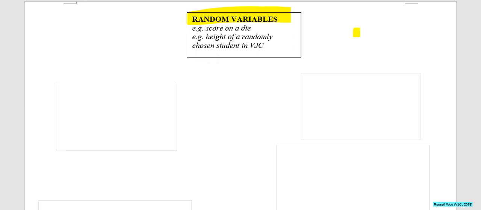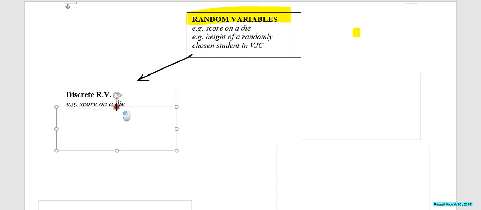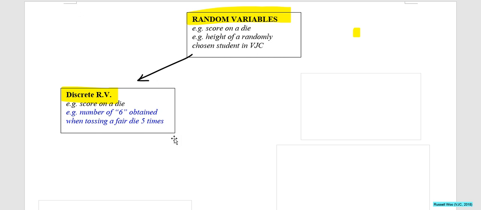Now, we have also learned that random variables can be a discrete random variable. Yes, and we have learned what discrete random variables are. Example: score on a die, and also the number of sixes obtained when tossing a fair die 5 times.